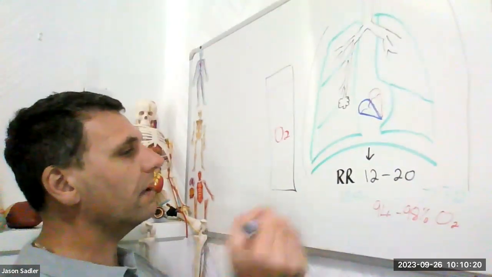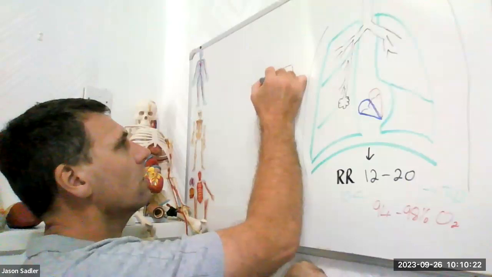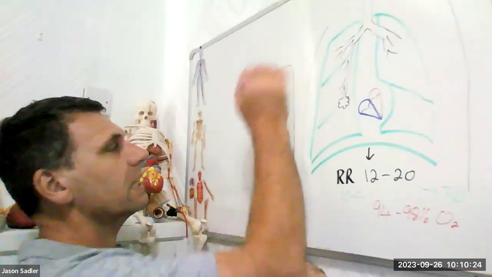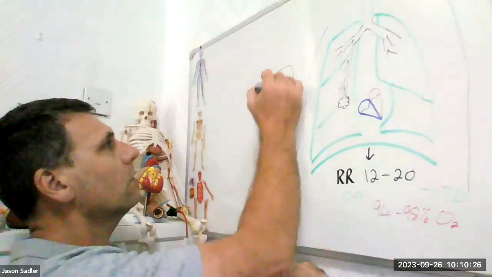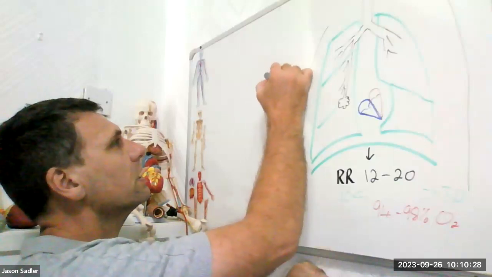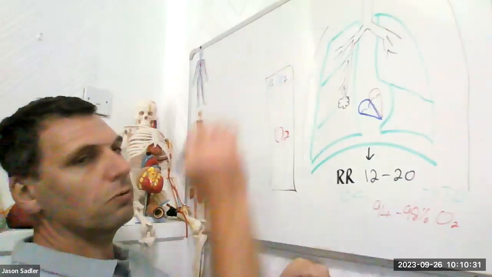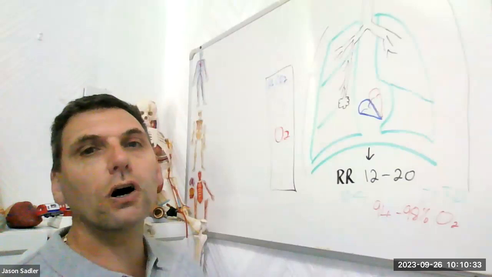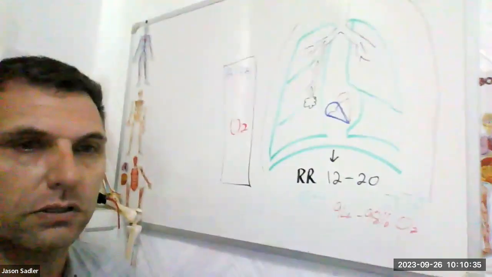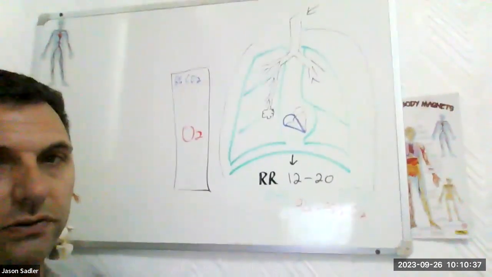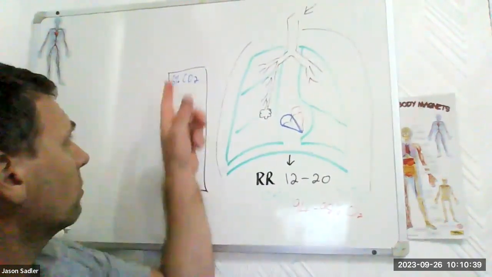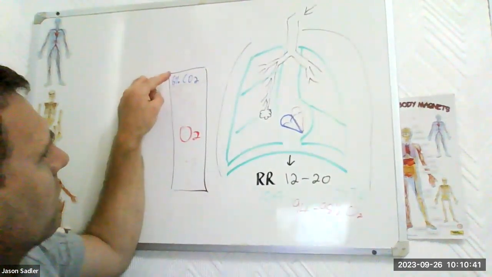So what is left in this last 6%-ish or less? Well, this is the CO2, the carbon dioxide. Let me move that around so you can see. So, this is the carbon dioxide.